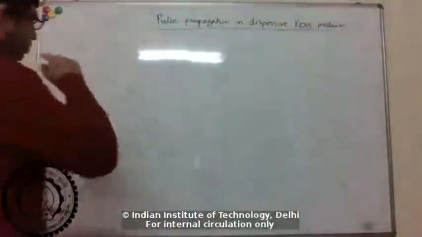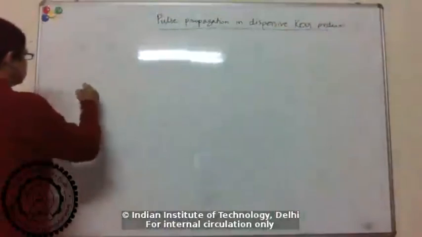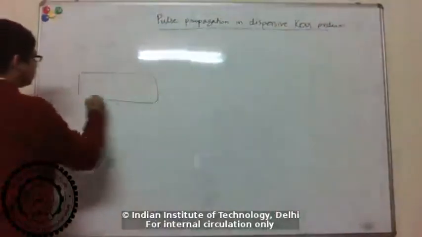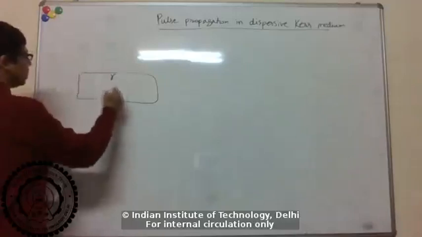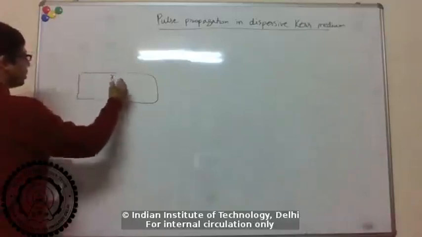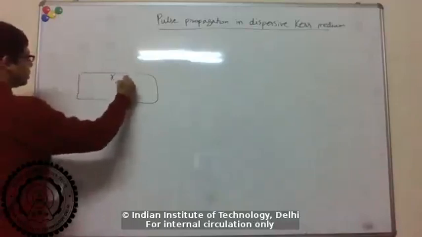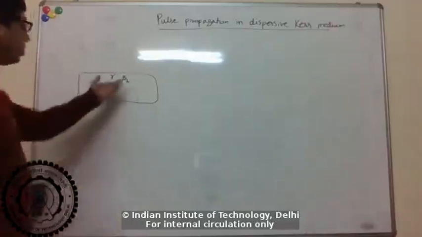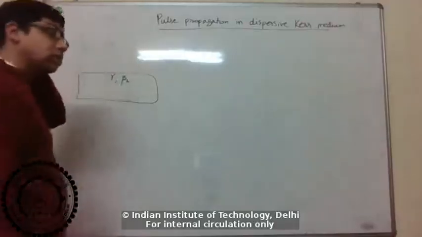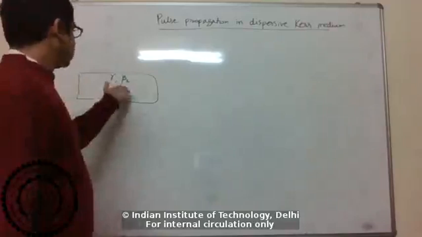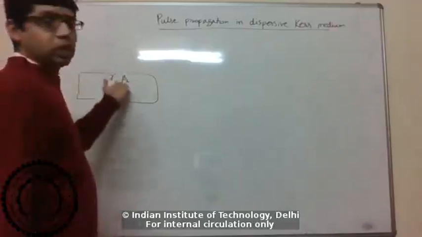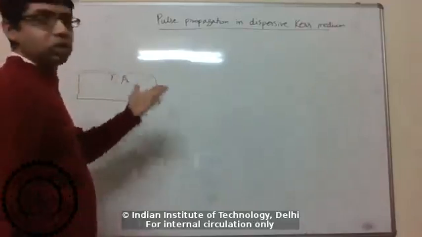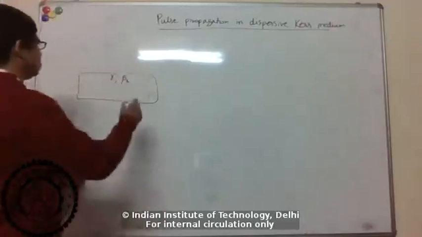Right, so basically we have some medium which has a nonlinearity, effective nonlinearity gamma, and some dispersion, specifically, let's say some amount of beta 2 or GVD, but in general could have higher orders of dispersion also.